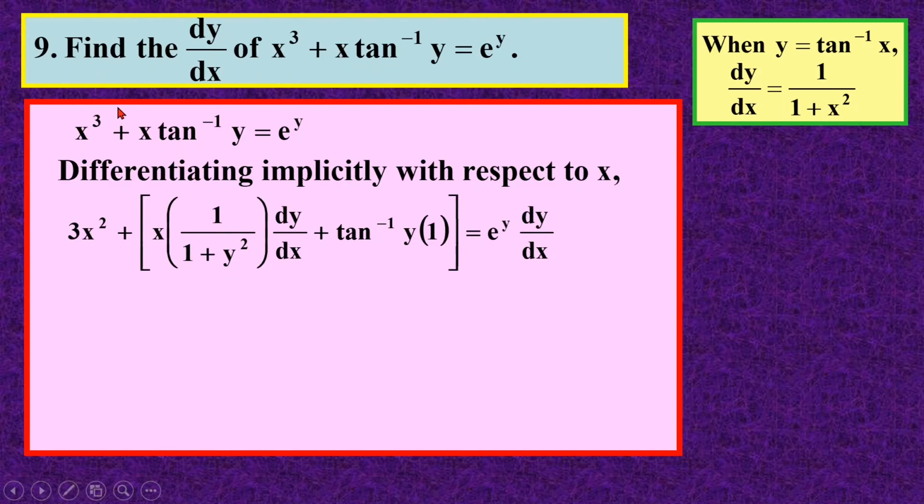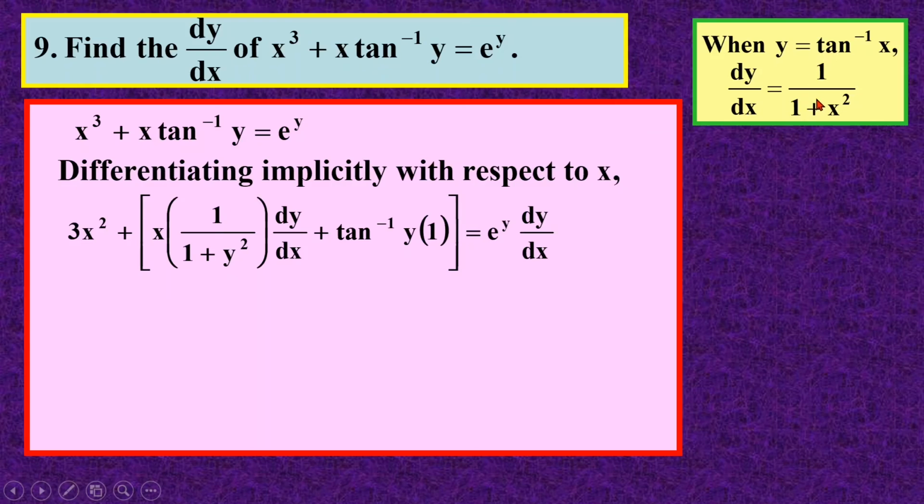Now, differentiating x cubed, I will get 3x squared plus differentiating this set. Remember, I have x multiplied to tangent inverse y. So I have to do this by the product rule. So I copy x, differentiate inverse tangent y.